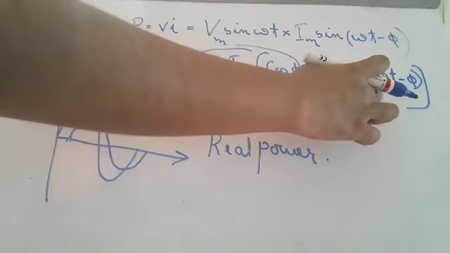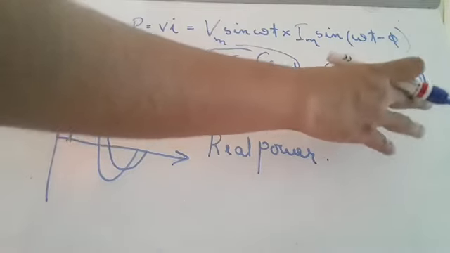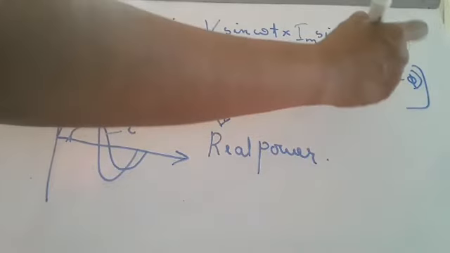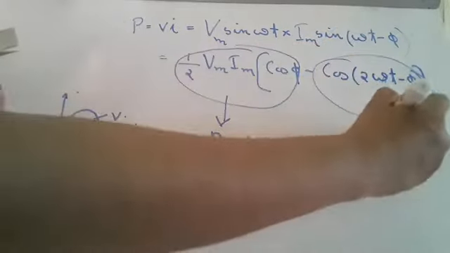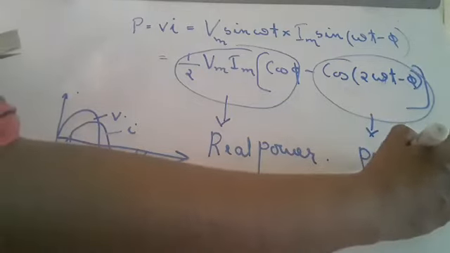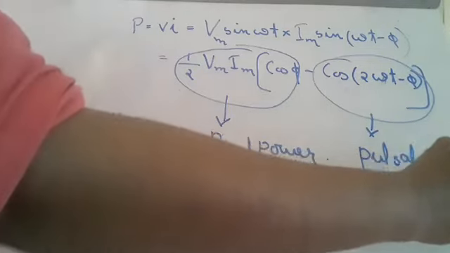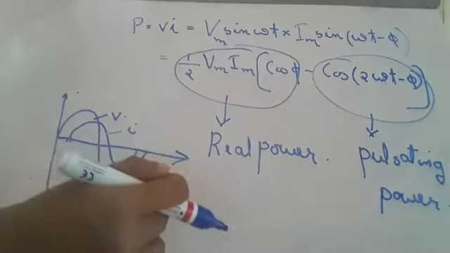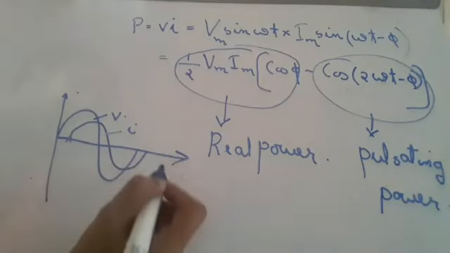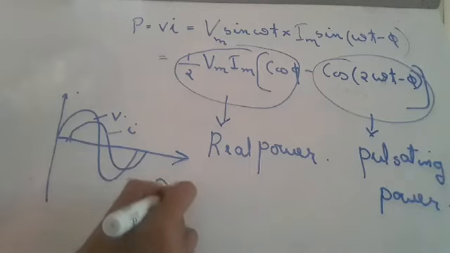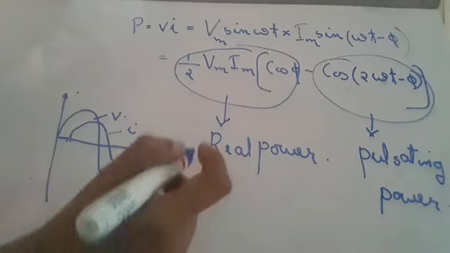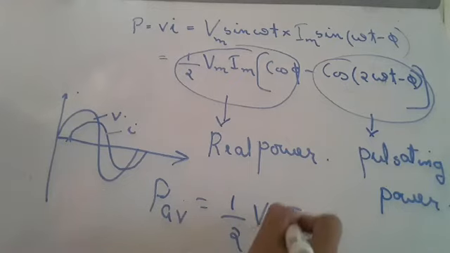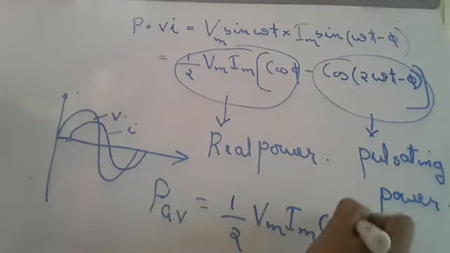It does not contribute to actual power since its average value over a complete cycle is 0. Hence the average power consumed here is P average, equal to half Vm Im cos phi.